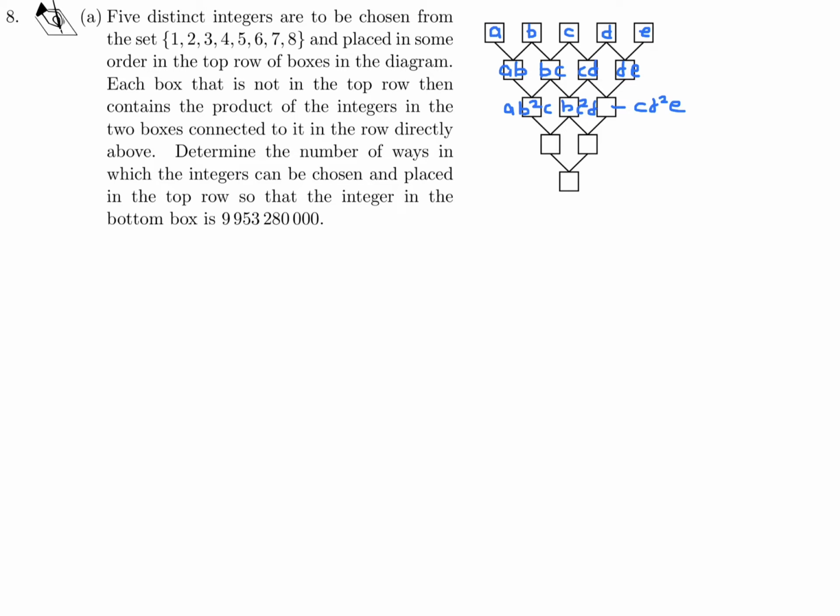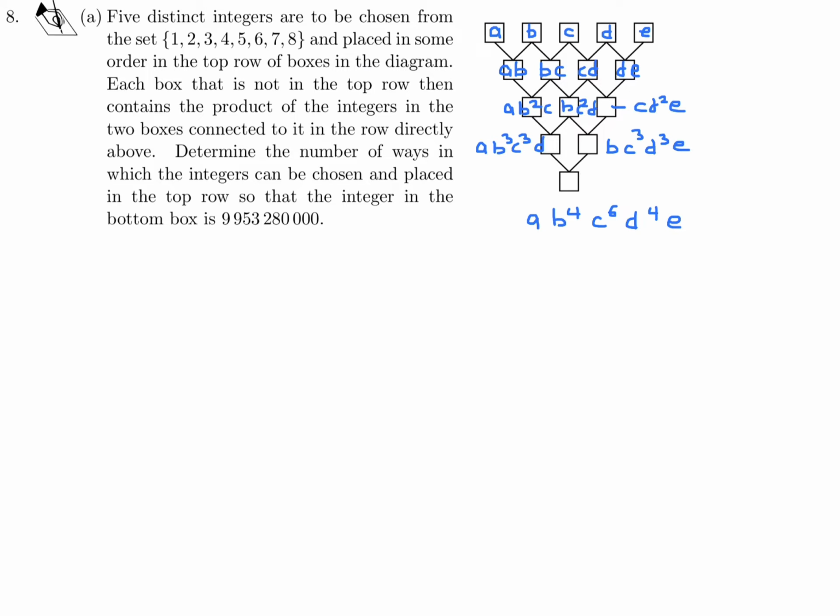Then combining once again, you're going to get AB³C³D, and this will be BC³D³E, and then finally the last box will be AB⁴C⁶D⁴E.